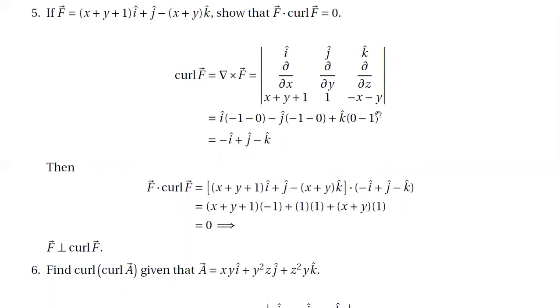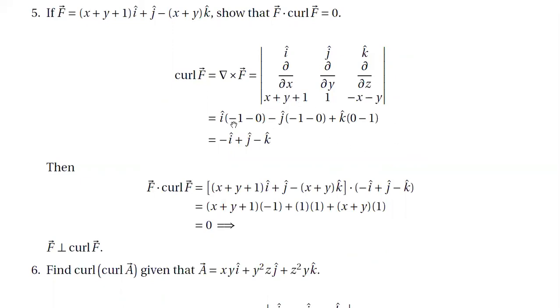So if you differentiate this term with respect to y, you get minus 1, minus dou by dou z of 1, that is 0, minus j into, leave the second column and the top row, dou by dou x of this term will be minus 1 minus 0, because if you differentiate x plus y plus 1 partially with respect to z, you get 0, plus k into, leave the last column and the top row, dou by dou x of 1 is 0, minus dou by dou y of x plus y plus 1 will be 1.